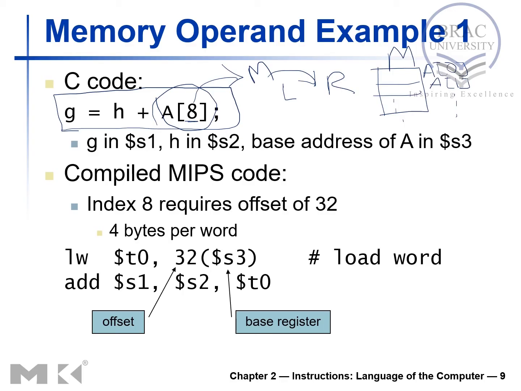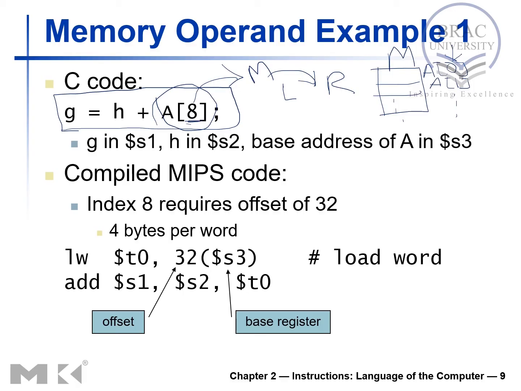You need to know the address of this starting element, which we call the base address or starting address. Remember that an array is stored in consecutive memory locations, which means if we know the starting address of the array, which we call base, then we can perform some arithmetic operation to figure out the address of, in this case, A8.